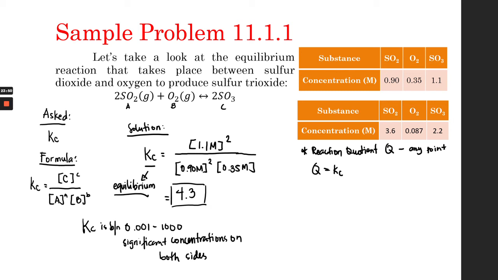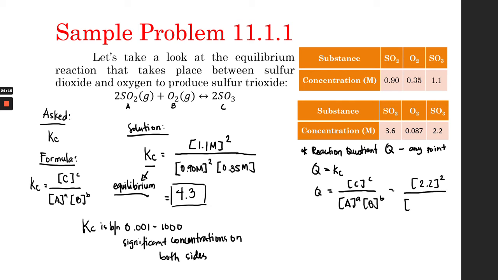This is because solving for the reaction quotient uses basically the same formula or expression. You would have A raised to a and B raised to b. And just plugging in the numbers, you would get 2.2 raised to 2.